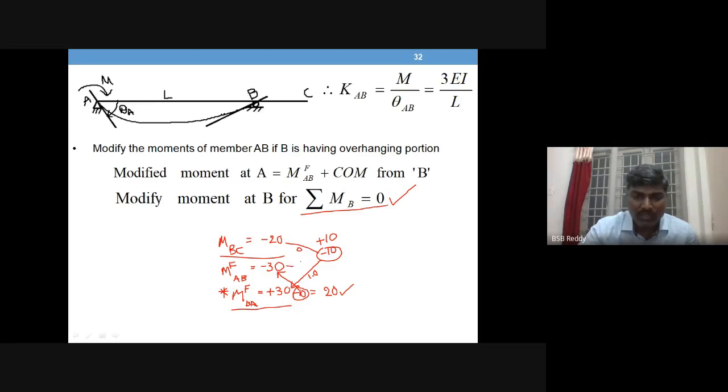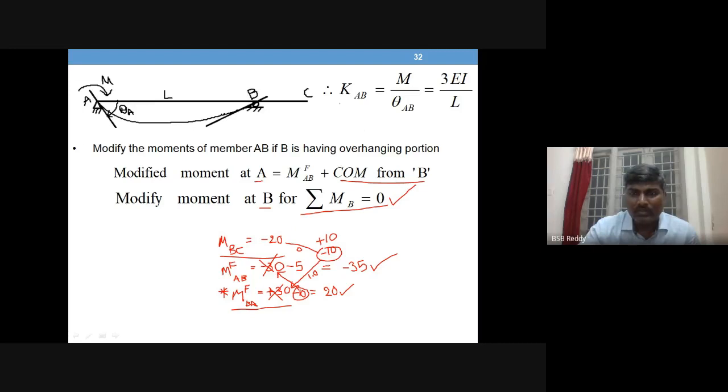So minus 5 will be developed at A. Finally, minus 35 is the moment at A, which is the modified value. So now instead of minus 30 and plus 30, we are going to use minus 35 and plus 20. That is what this means: the carryover moment, modified moment at A, modified moment at B, all this we are going to perform.